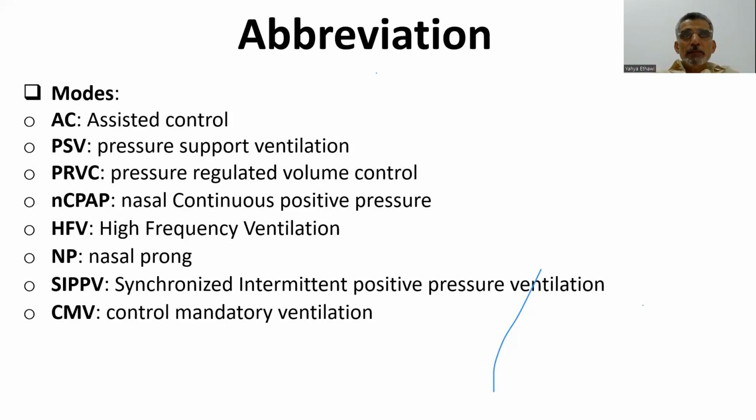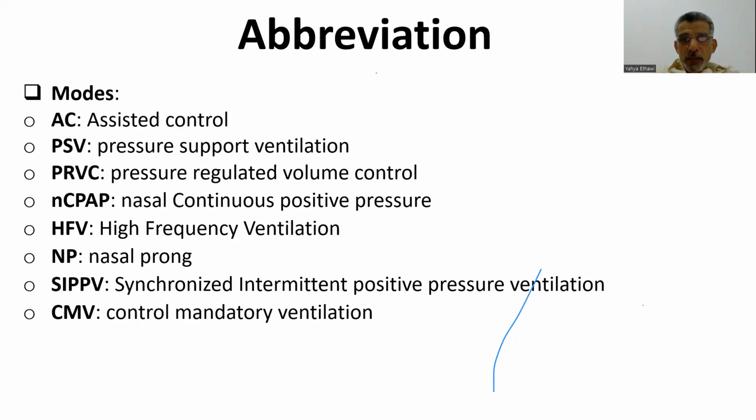Now, when we ventilate a baby or a child, we have three types of breath. Remember them always. Spontaneous, that is generated by the child and terminated by the child, called spontaneous breath. Second, called assisted breath, started by the baby and completed by the machine.